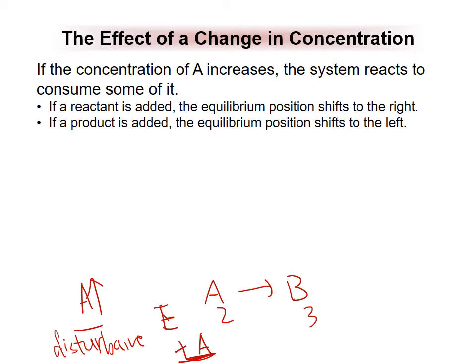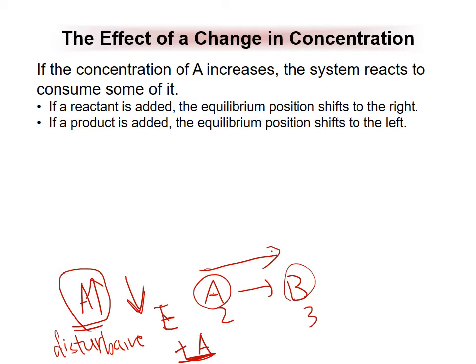That means the system will try to decrease A. Which direction can decrease A? Go forward. If the reaction goes forward, A will be consumed, B will be formed, so that will decrease A, counteracting the disturbance.